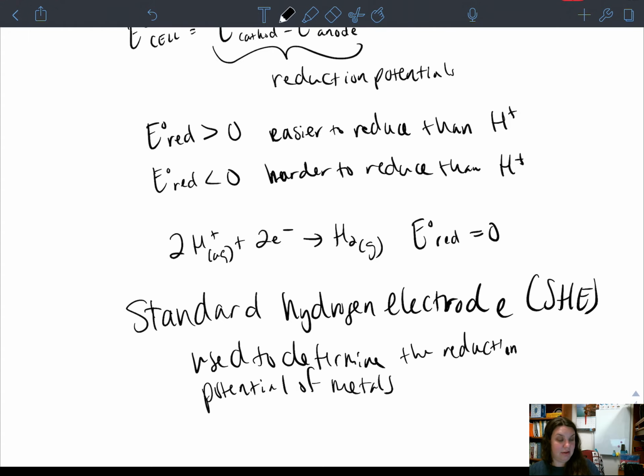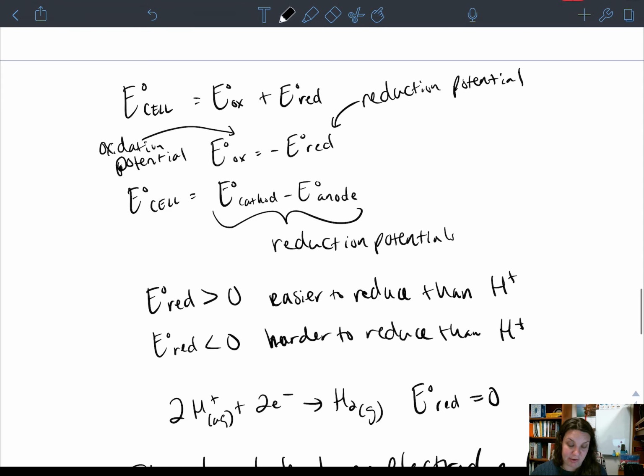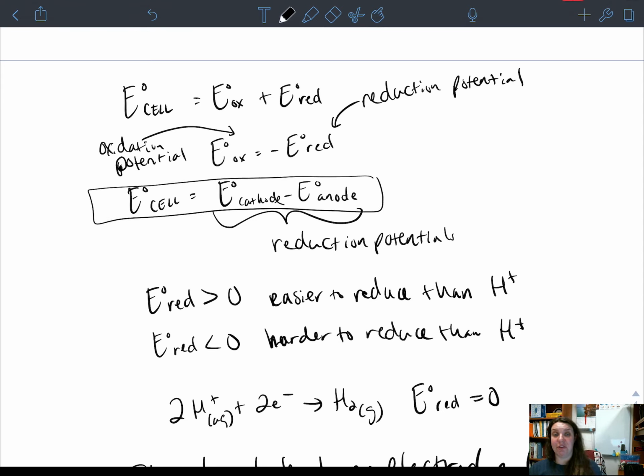And we'll do math in this, but that's about it for the math in this particular part of the chapter. So using our reduction potentials right here, we'll be able to determine our cell potential for different redox processes. And that's everything for our pre-lecture for lecture 20.